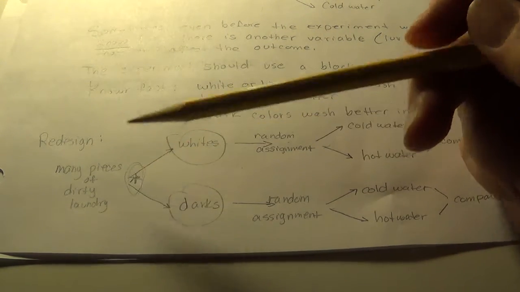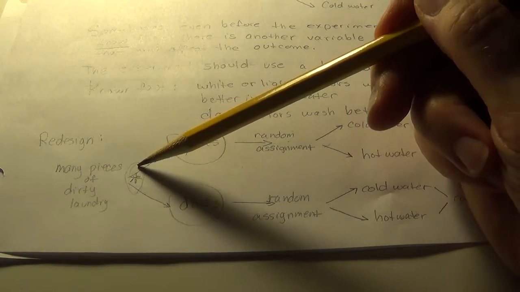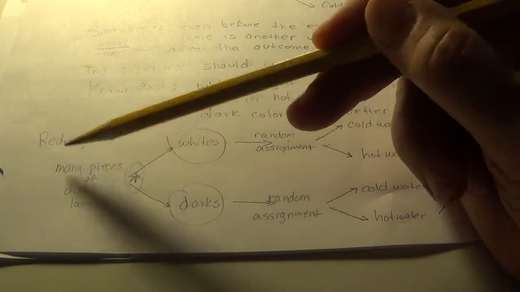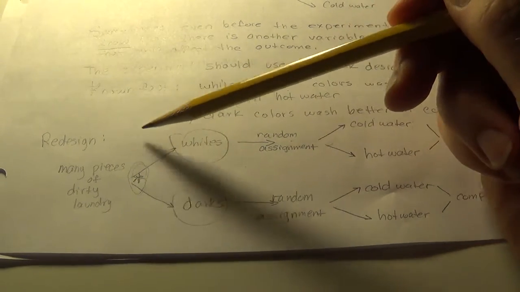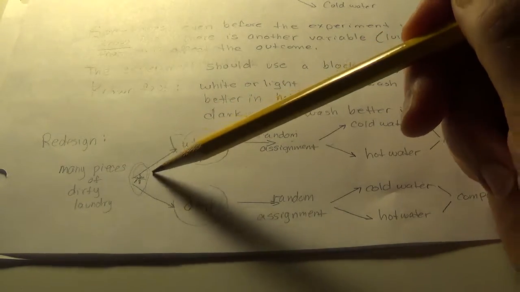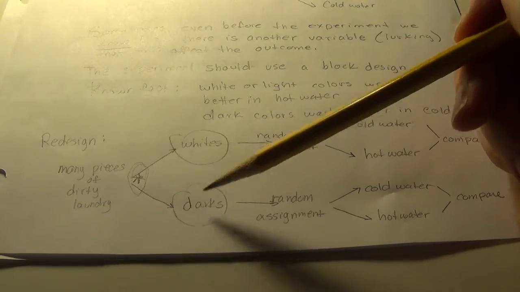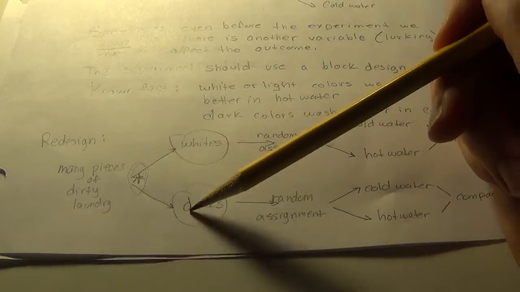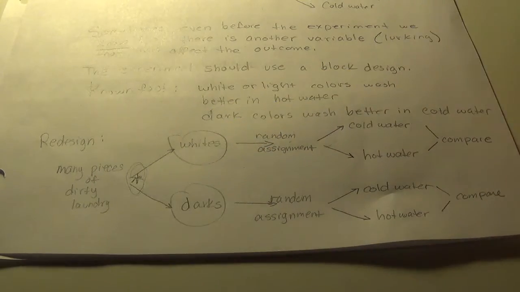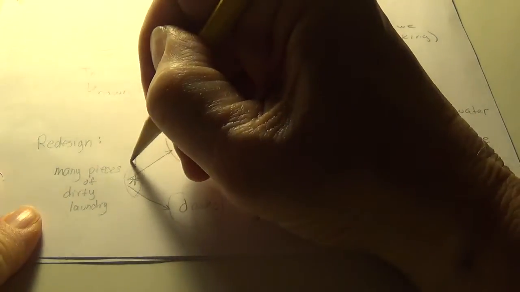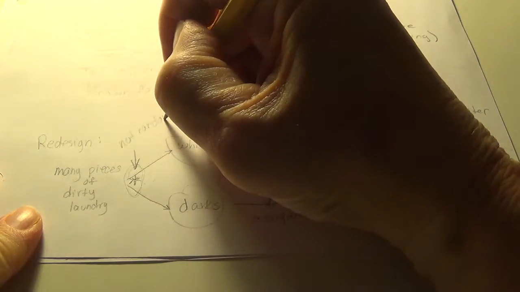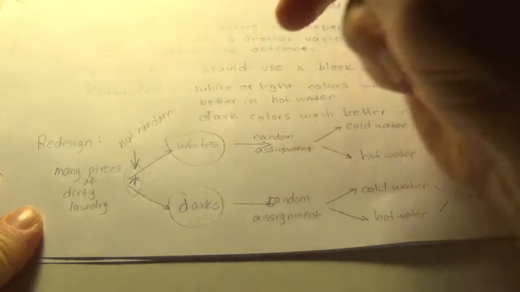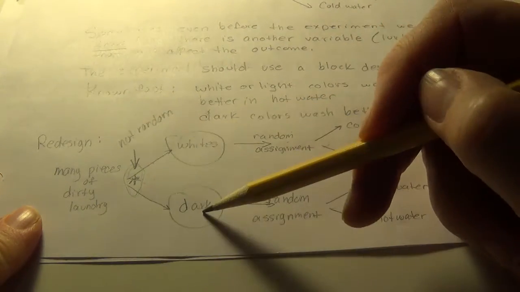So right here, when I began the design of this experiment, I started with my many pieces of dirty laundry, and I divided them into whites and darks. Was this a randomized process right here? No, this was not random. There was no random process right there, because either it was white or it was dark.